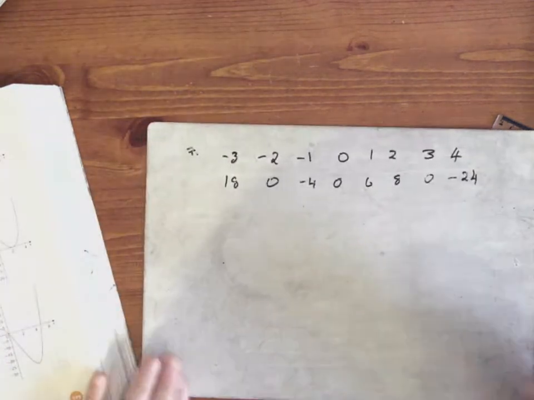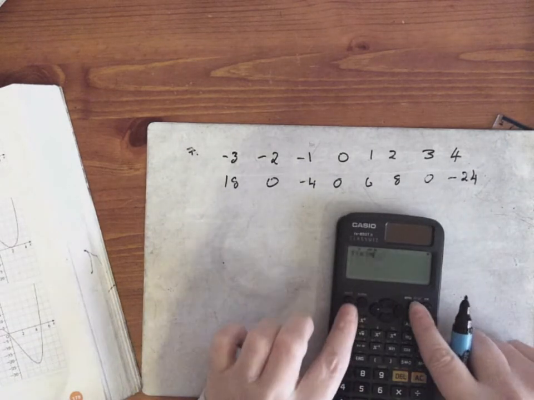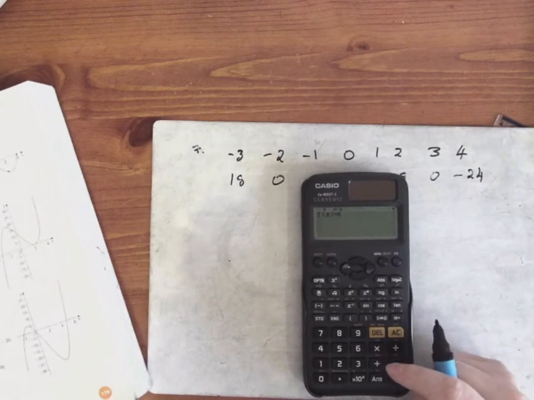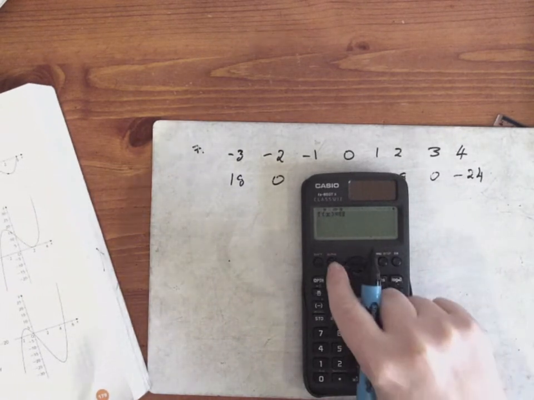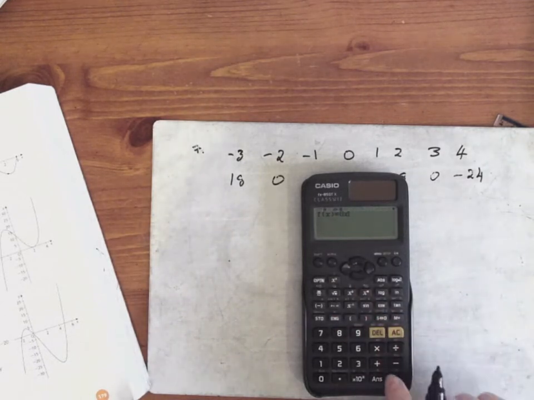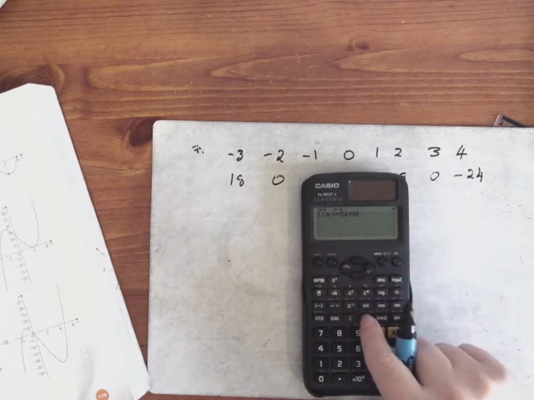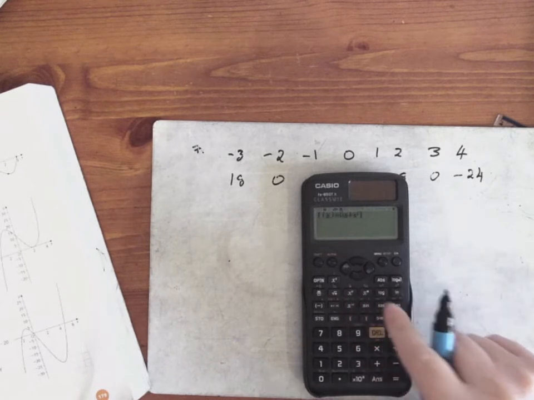So number 7, again, you have to draw and get the coordinates. Again, mode 3, f of x equals, and then you put in 6 alpha x, plus x squared, so that's plus alpha, close bracket, and then you put the little squared symbol on it.